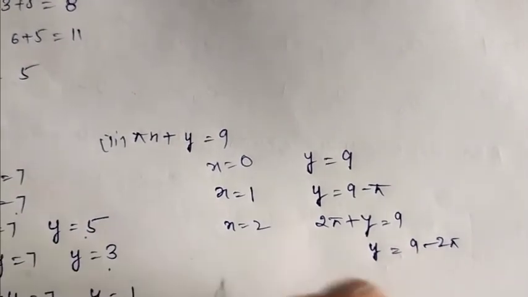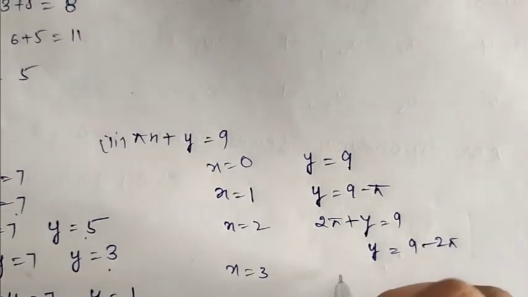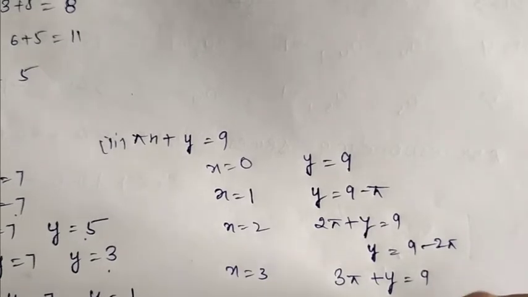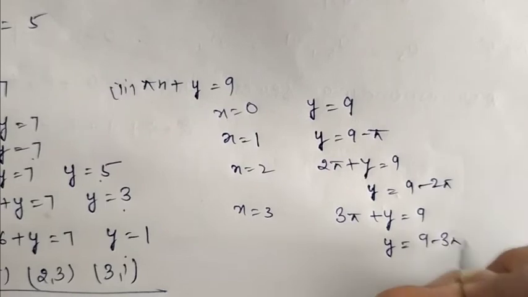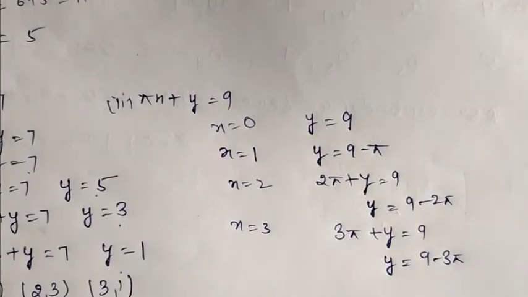If we put x equals to 3, then we will have 3 pi plus y equals to 9. This means y will be 9 minus 3 pi. So for every changing value of x, we will get a different value of y.